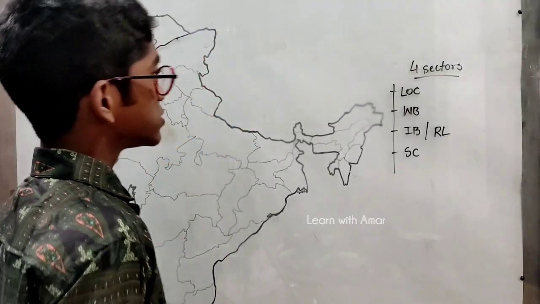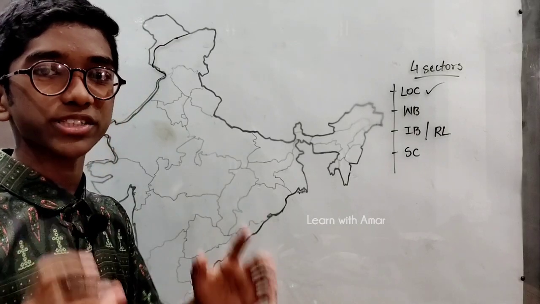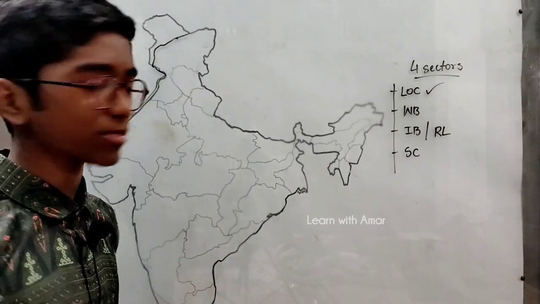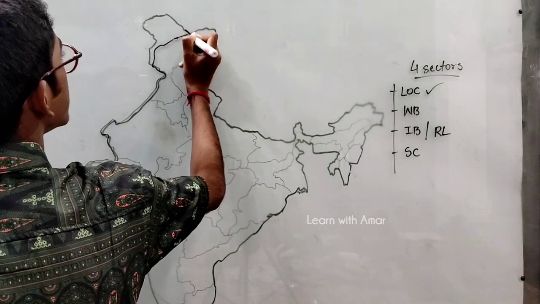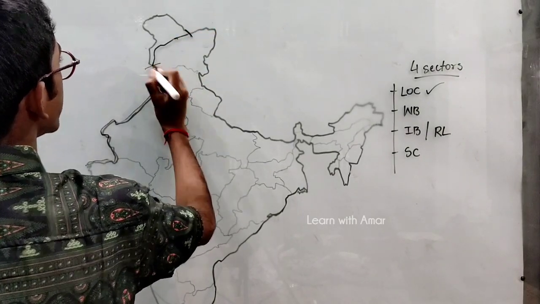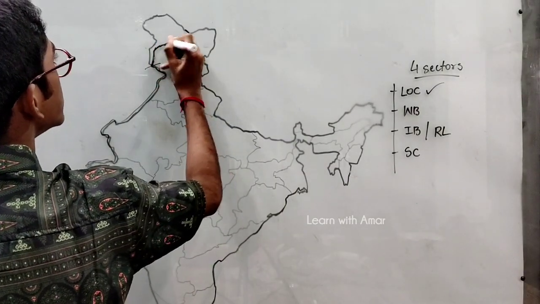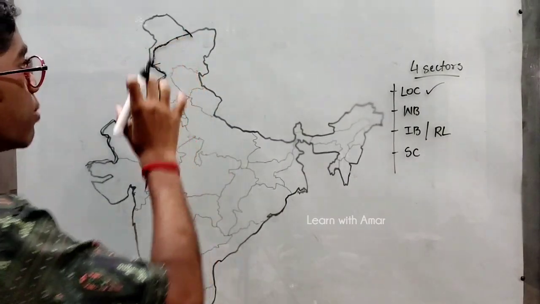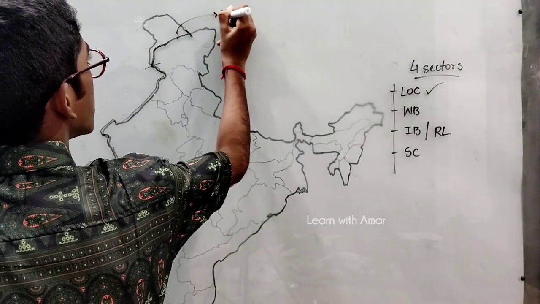So let's start discussing the first one, LOC. Of course, it is very familiar to most of you. So this region, this length of border between India and Pakistan, is called LOC.